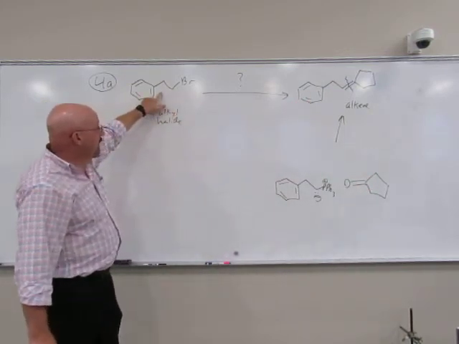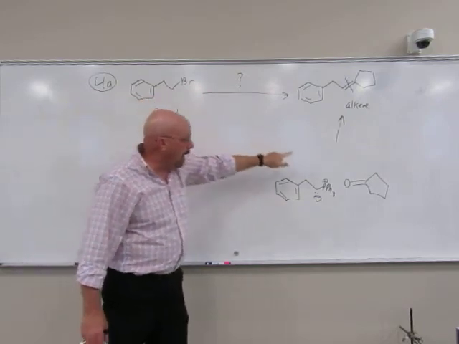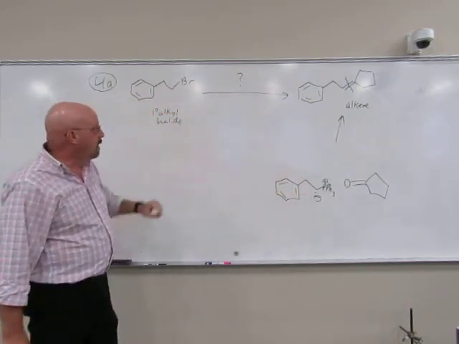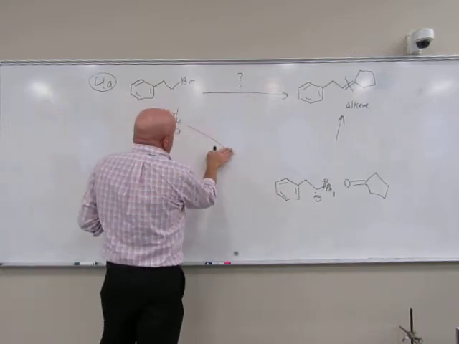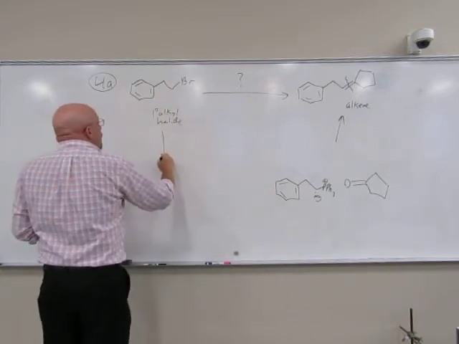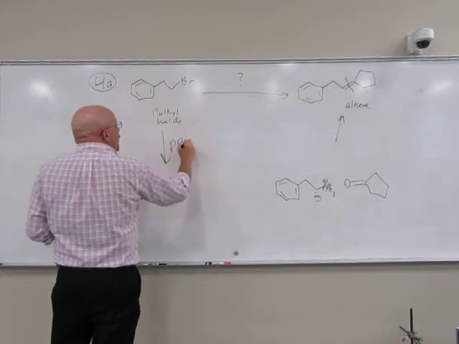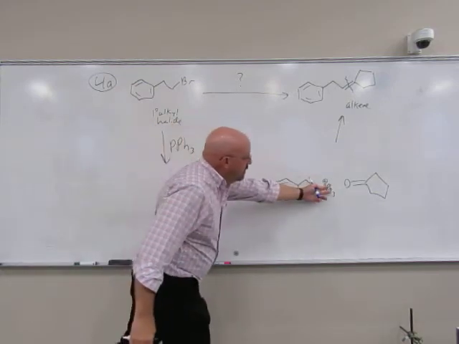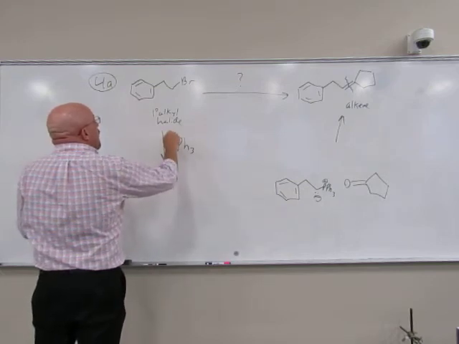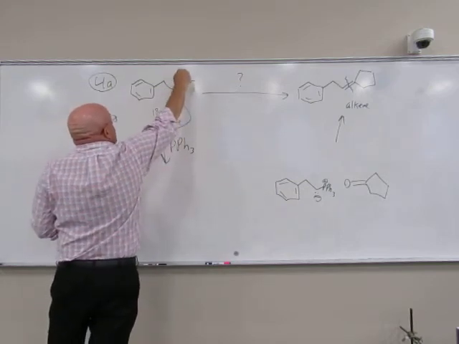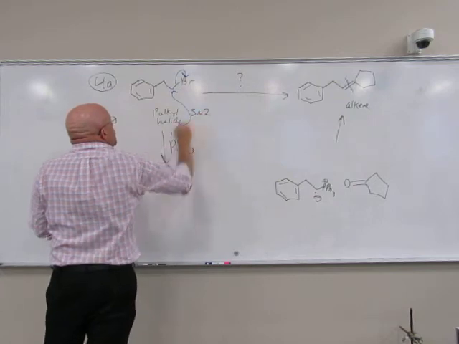Now if you take the alkyl halide, we know how to make the ylide from an alkyl halide. First of all, we react with triphenylphosphine. That gets us that group. So triphenylphosphine would attack, do SN2 to kick off the bromine. That's just an SN2 reaction.